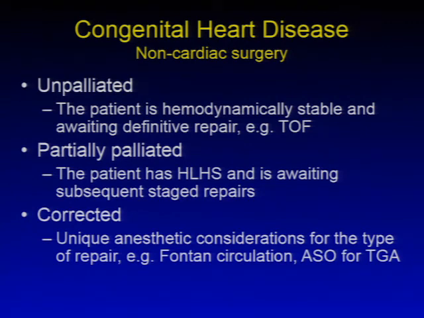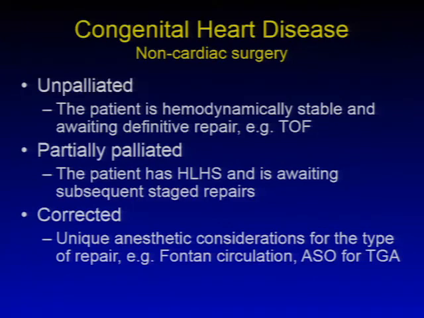The child that is unpalliated may be hemodynamically stable and awaiting definitive repair. An example of this would be someone with tetralogy of Fallot that requires repair of their incarcerated hernia or other more urgent disorder. Children that are partially palliated might be a child with hypoplastic left heart syndrome who is awaiting the subsequent stage repairs.